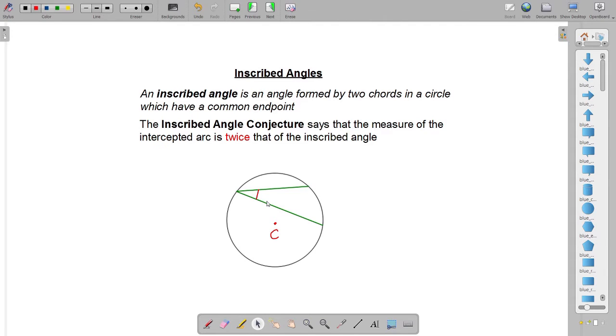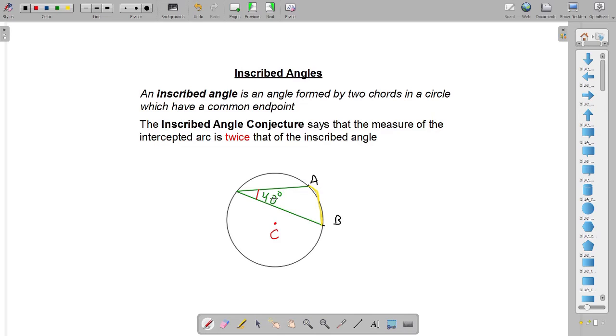If my inscribed angle is 40 degrees, my intercepted arc, which I'll do in yellow here, from point A to point B, would be twice that of the inscribed angle.